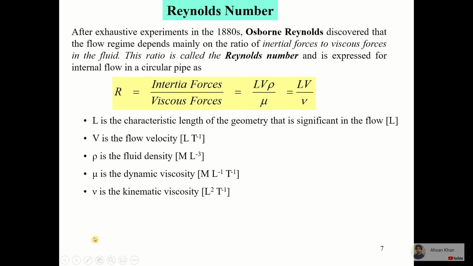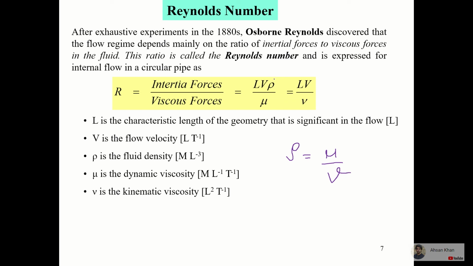If I write it here like this, you can see the details of these parameters are written. L is length, the unit can be meter or anything. V is velocity, rho is density, mu is dynamic viscosity, and nu is also used in another formula, which is LV by nu. Basically, kinematic viscosity, which is nu, is equal to dynamic viscosity, which is mu, by density, rho.